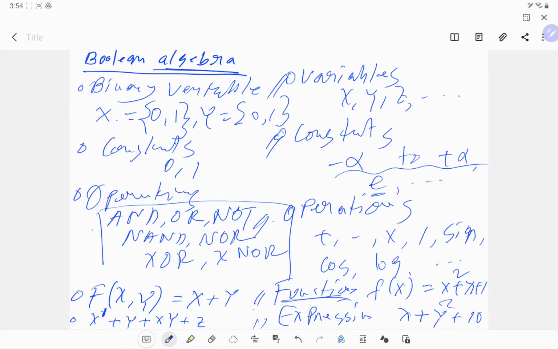Now in regular algebra, we have some rules, such as (a plus b) whole square equals a square plus 2ab plus b square. Similarly, in Boolean algebra, we also have rules, which we call identities. Before starting the Boolean identities, let's explore Boolean algebra by using an example.